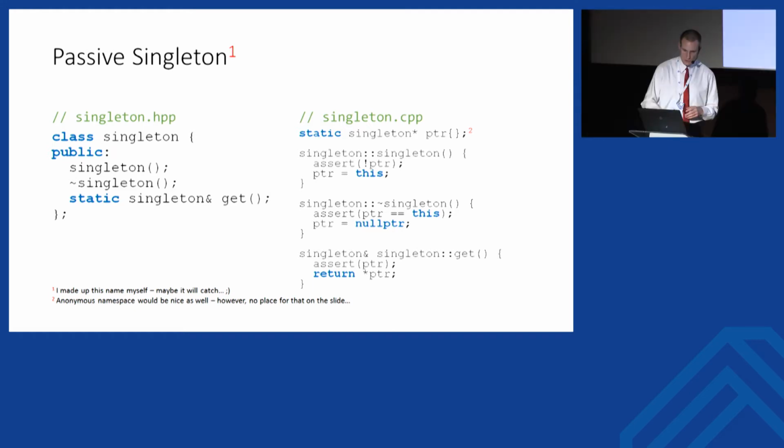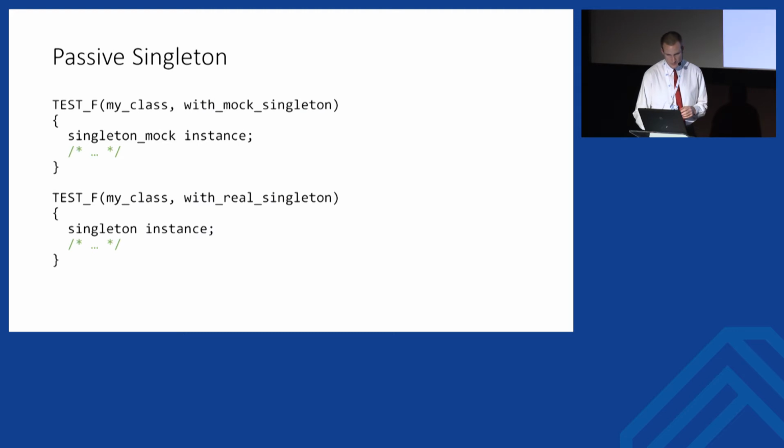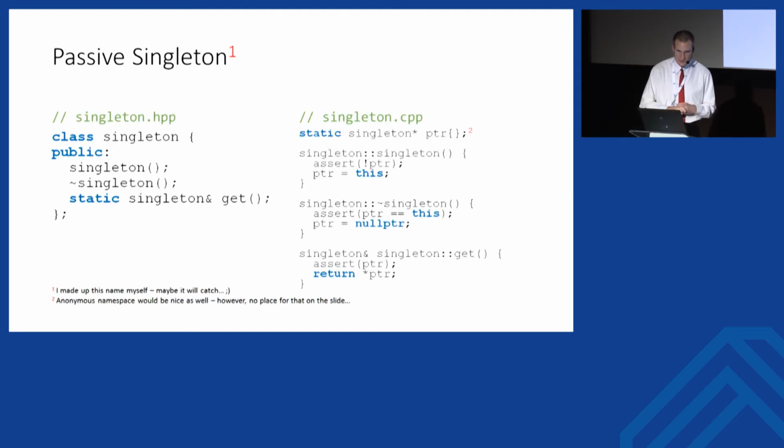Now, you can wonder whether this approach is safe. Since neither the get function nor anything else in the passive Singleton takes responsibility of creation of the Singleton object, it is indeed possible that we will end up calling the get function while no instance exists, and it will crash.